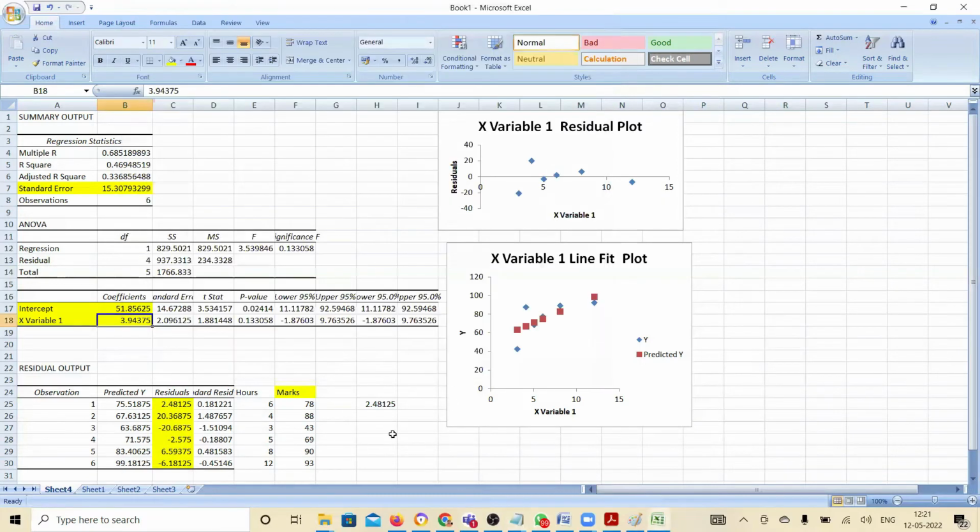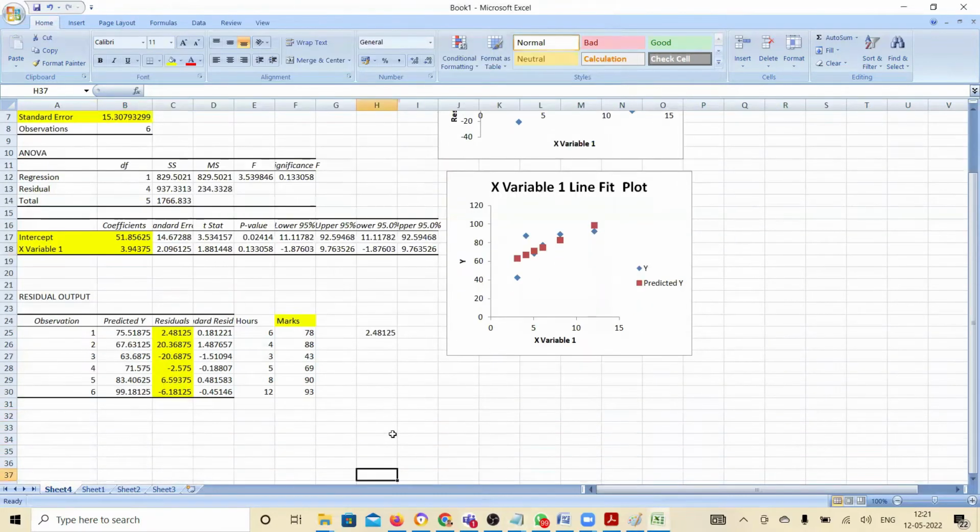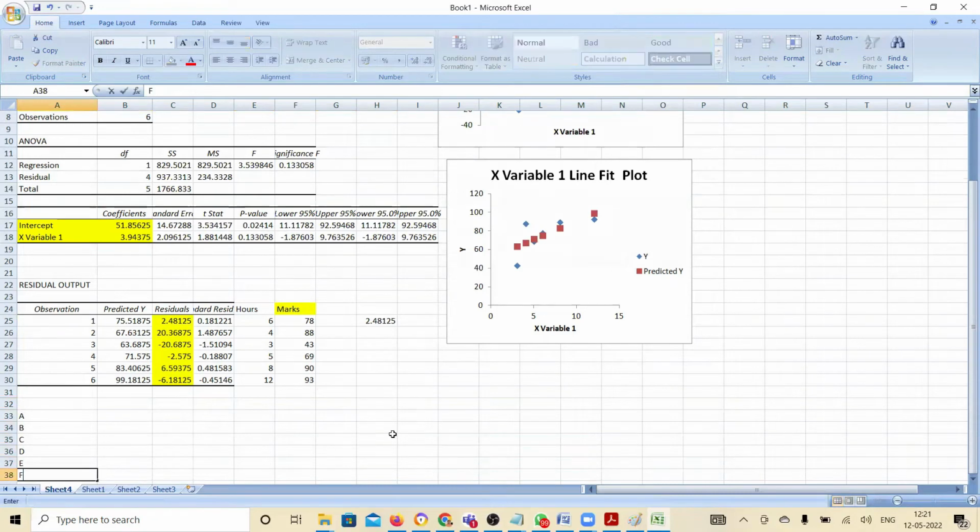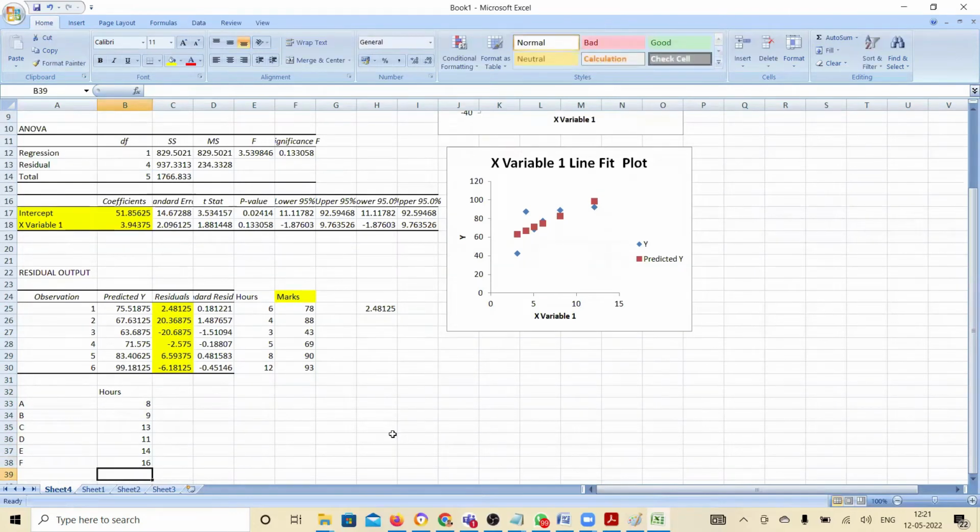Okay. So now let's try to predict our marks. So let's say you can write your friend's name. Okay. And this is the hours of study. So you ask your friend, okay, how many hours do you study? They will say, I'm studying 8 hours. Some will say 9 hours. Some will say 13 hours, 11 hours, 14 hours, 16 hours. Okay.